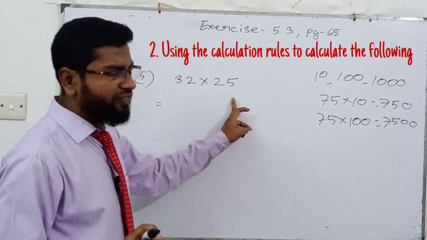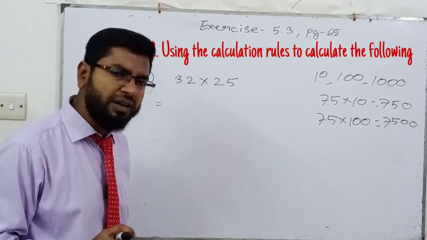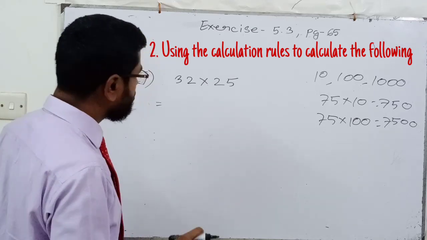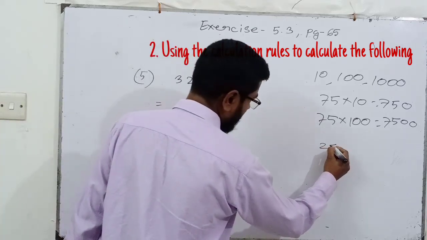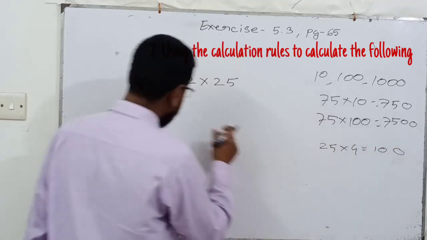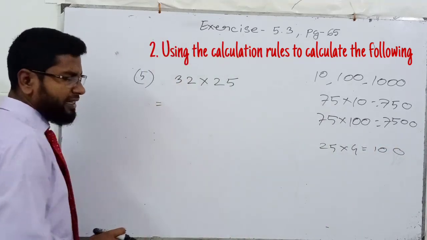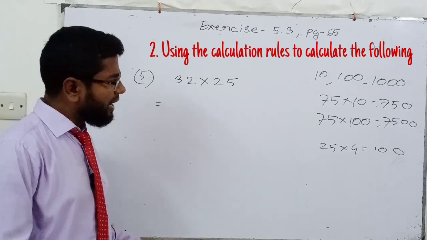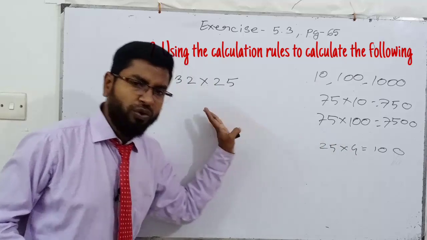With 25, what will I multiply to get 100? Right? 25 multiply 4 will be 100. So this 32, we will divide in such a way. I will pick 4 from here.